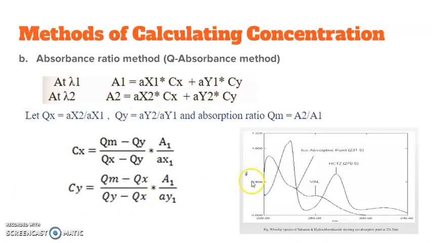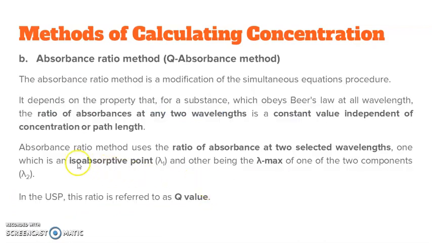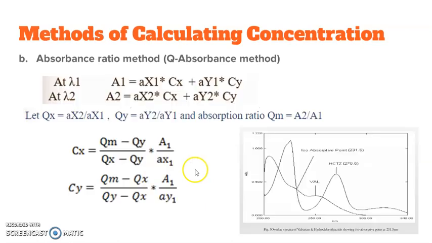So let me emphasize what is isoabsorptive value, and we already know what is the lambda max. I will draw your attention to this particular image here, where there are two different drugs showing some absorbance, and there is one drug which is VAL, valsartan, and the other peak is the hydrochlorothiazide, which they have mentioned as HCTZ.